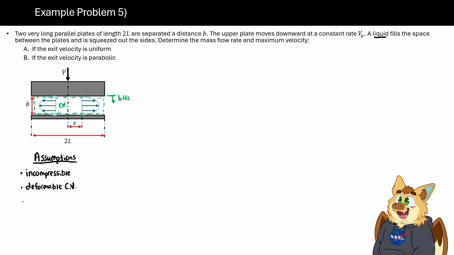And then last assumption is just based on the geometry we're working with. I think we can assume we're symmetric about our y-axis, where our y-axis is, or I should say our axes in general, the positive directions are like this. So about our y-axis here, we are symmetric on both sides.